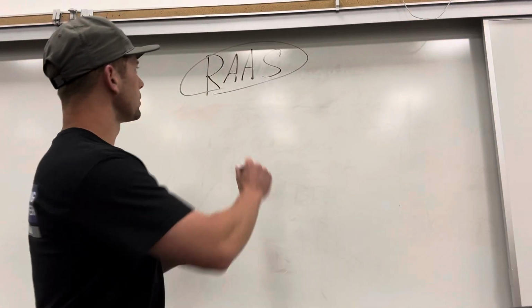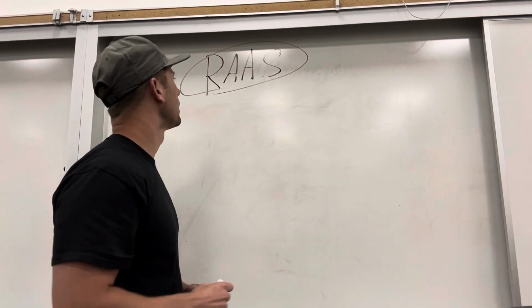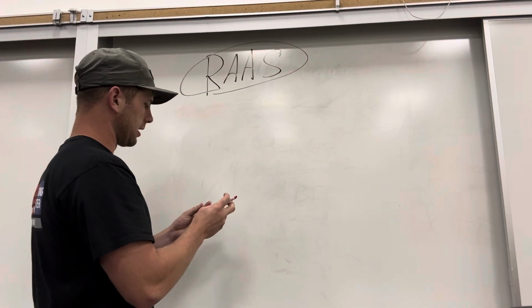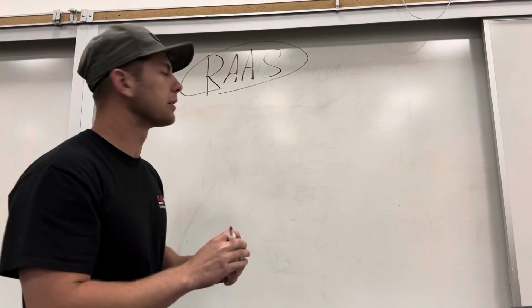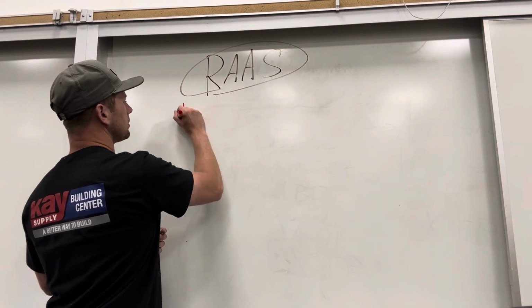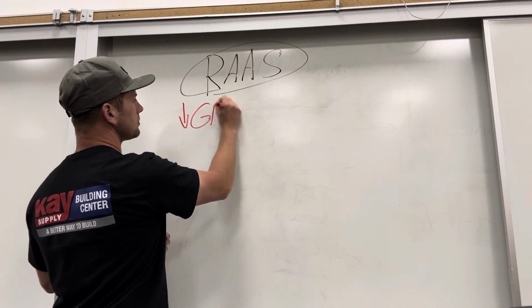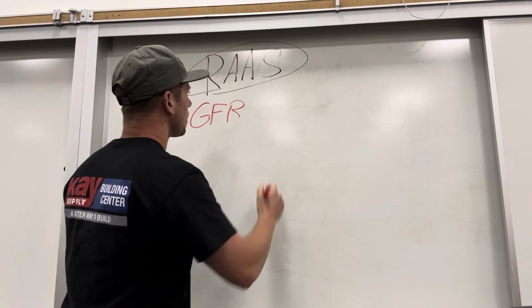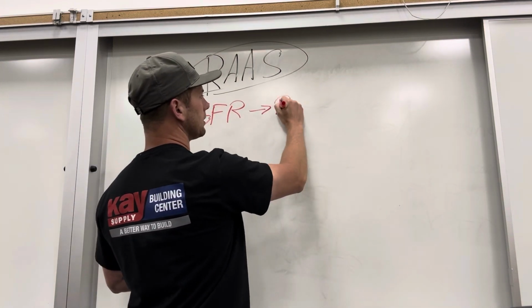So now we're going to introduce the RAAS system. And it's another way of regulating GFR. So if we have a low GFR, we're going to release renin.